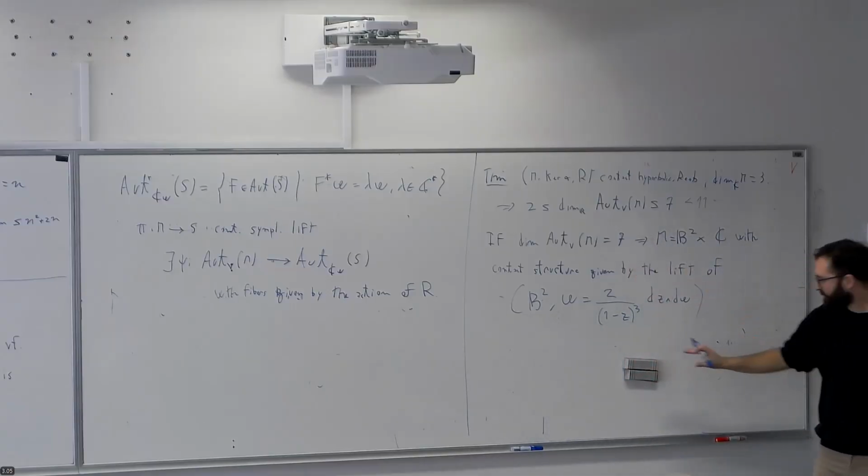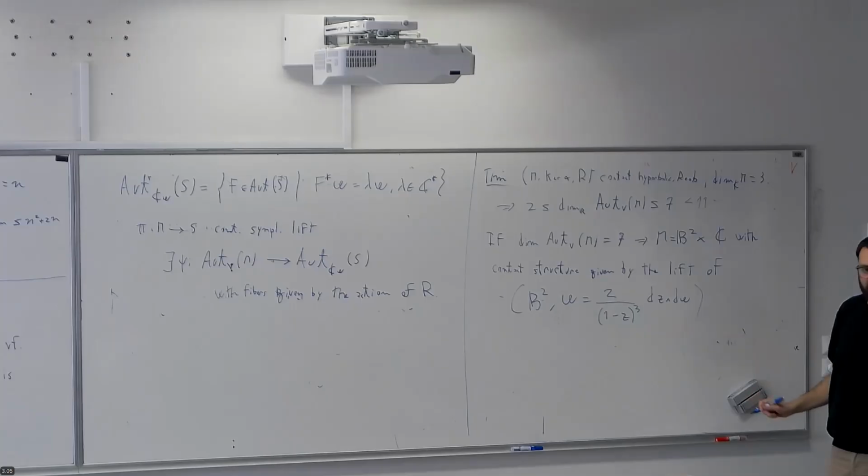If you look at it like this, it's a group with a symplectic form. It's a manifold with a symplectic form, a perfectly defined symplectic structure.